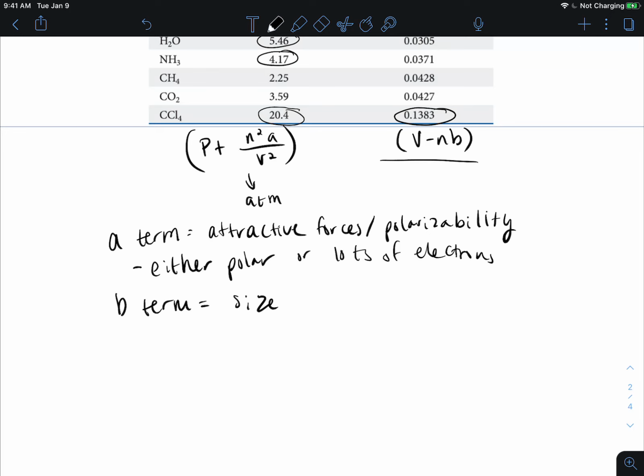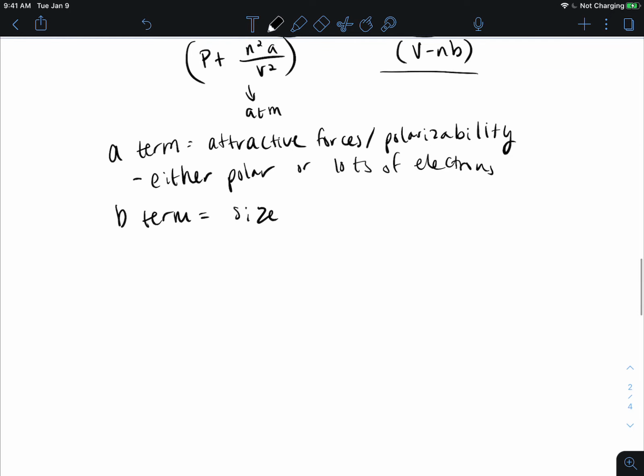Okay, so let's actually try using the real gas law in a problem.